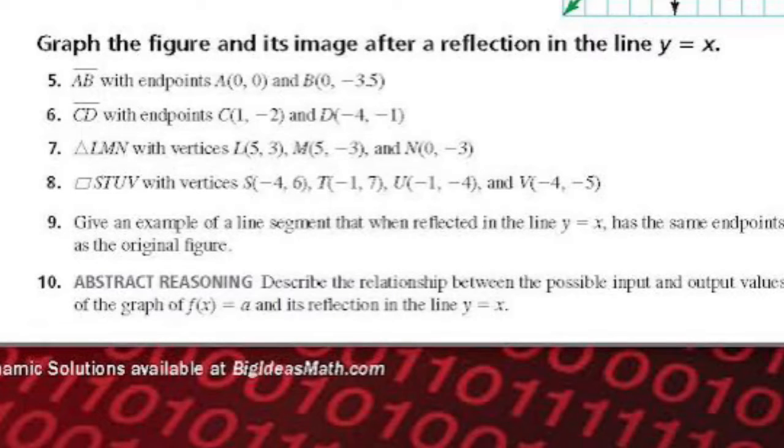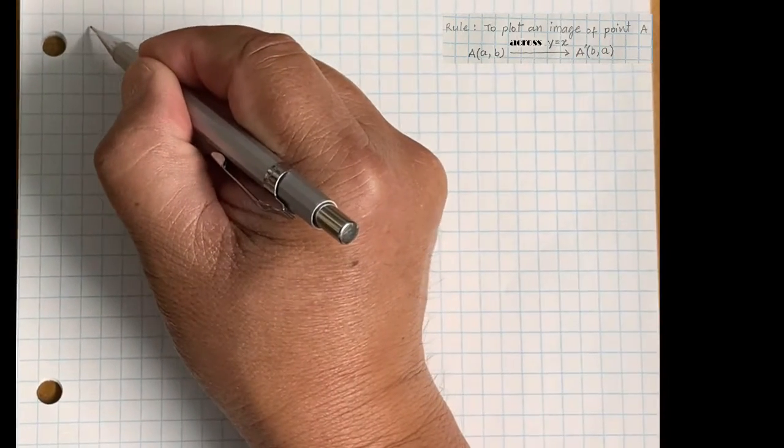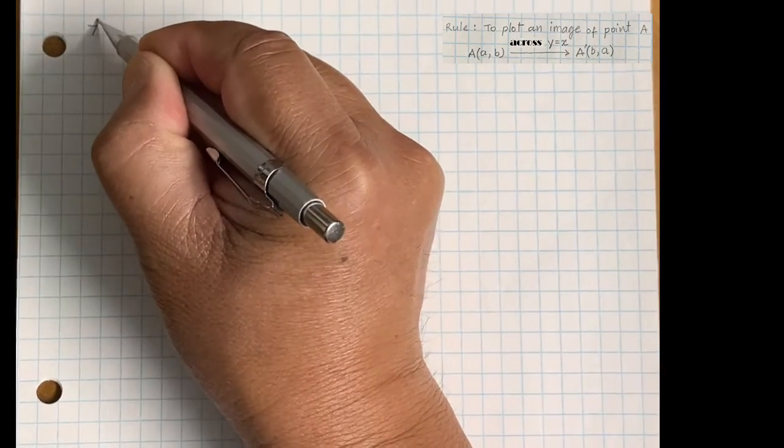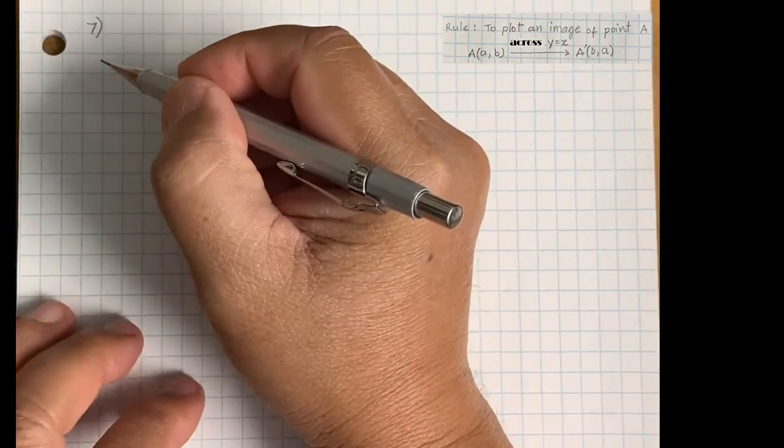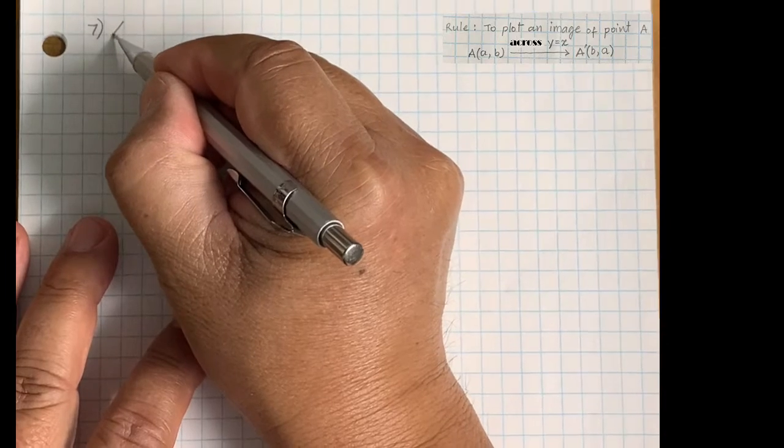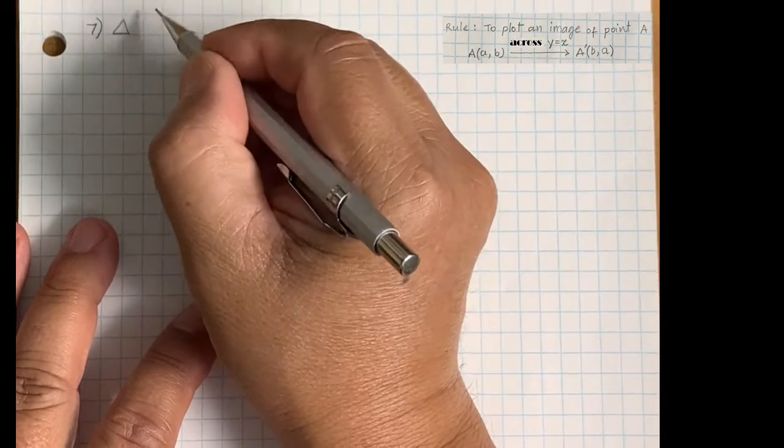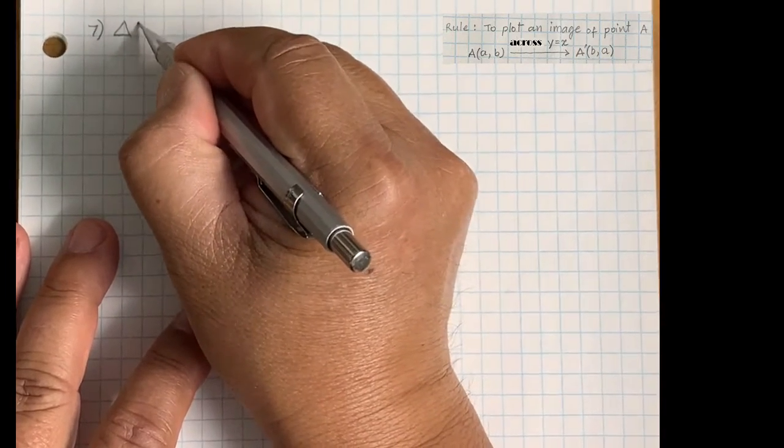Problem 7. Number 7. We are given triangle LMN.